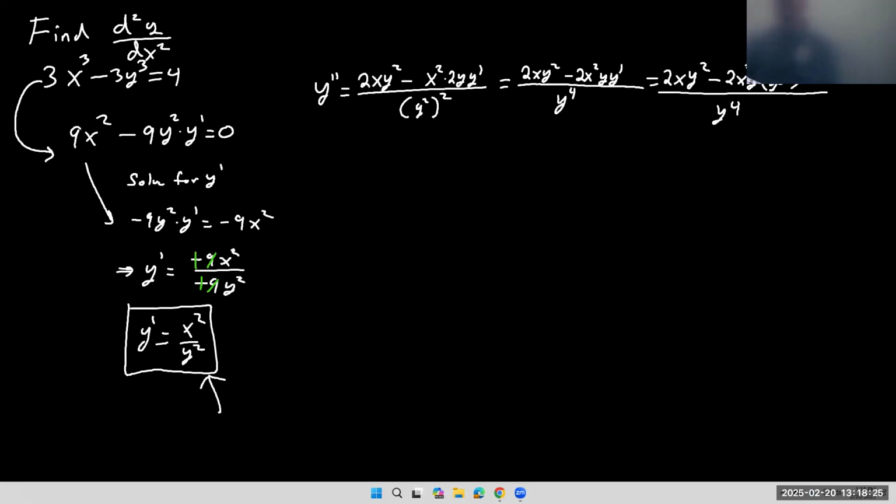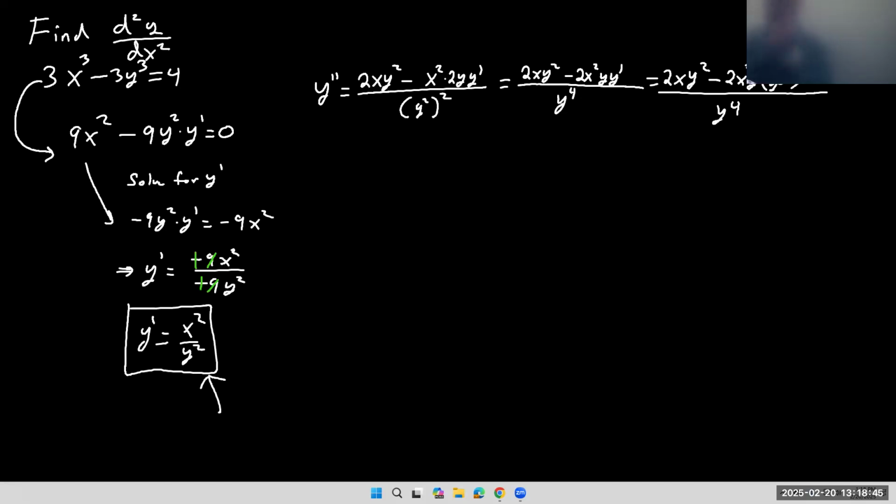Okay, so that's what I think it is, but we should clean that up if that's possible, and I think it is possible. So how can we clean that up? Well, that's 2x squared y times x squared over y squared.